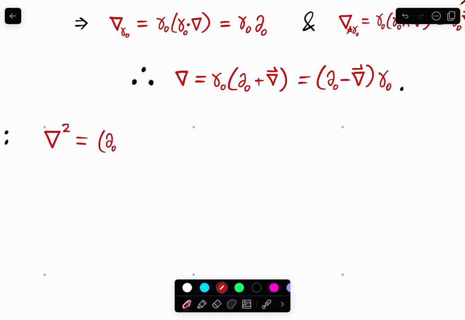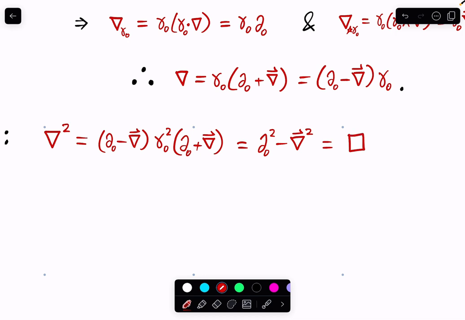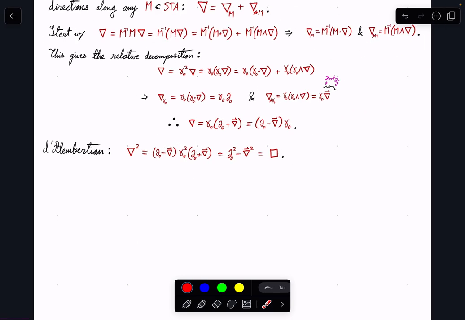So we have gamma naught partial t times gamma naught partial t, so we end up with gamma naught squared, which ends up just being partial t squared minus the 3 gradient squared, which is the traditional D'Alembertian definition. So we can see that squaring the 4 gradient does indeed give the D'Alembertian.